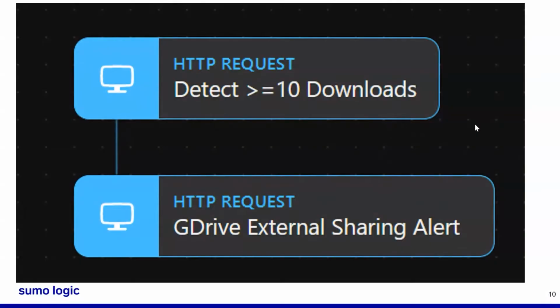And so we set up these alerts using the content management API to detect mass downloads or data exfiltration. See if they're sharing data externally with a personal address or with an address of a competitor. We want to make sure that we catch these things early so that we can address them as quickly as possible and limit the impact of a potential insider threat.